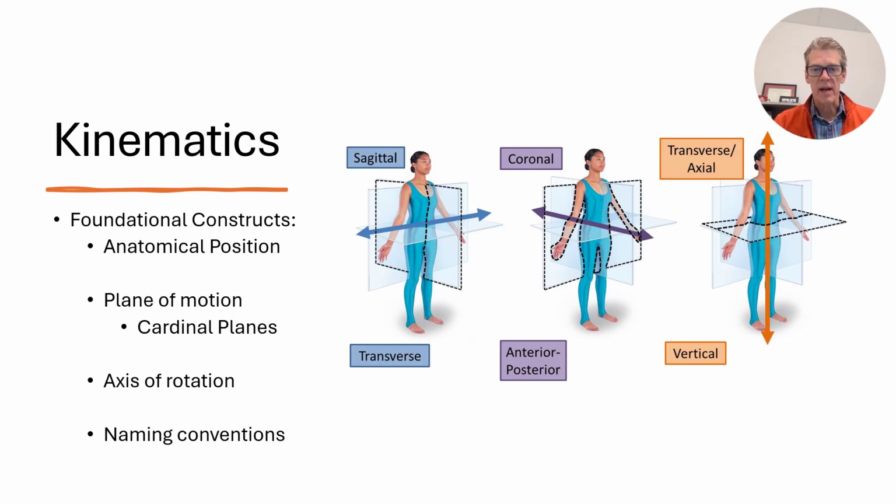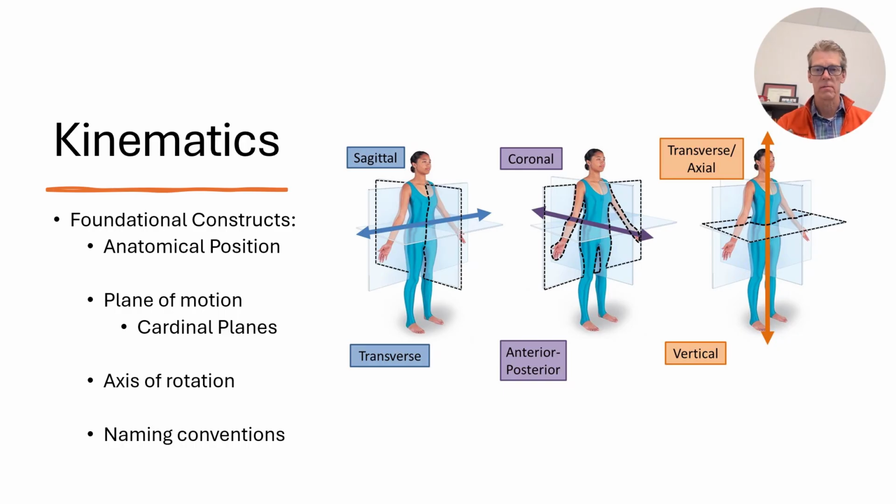Now I've simplified and talked about these as sort of two halves, depending on which plane. But really we can shift these planes up and down. So if you notice the transverse plane here on the far right of the screen, we could move that plane up to the head and talk about head rotation or cervical spine rotation in the transverse plane.